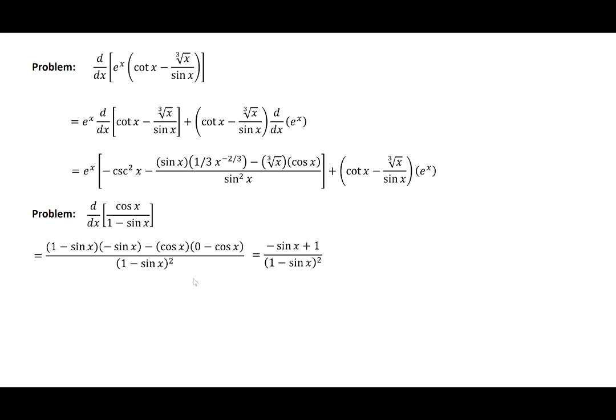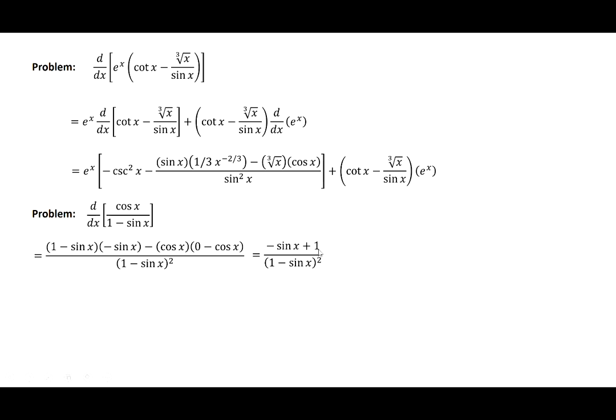And then that turns out to be... what did I say? Minus sine x. Whoa, nearly. What I wrote is correct. Do you agree that's what this turns out to be?